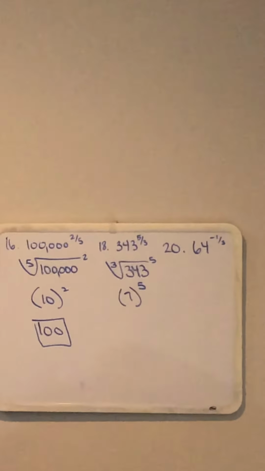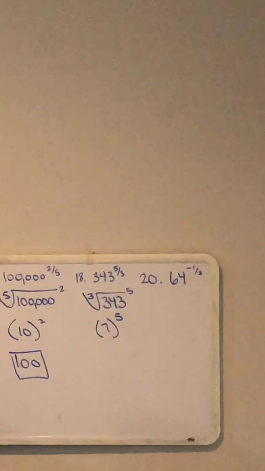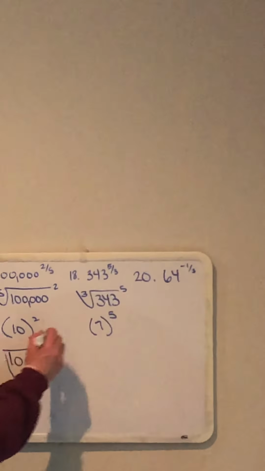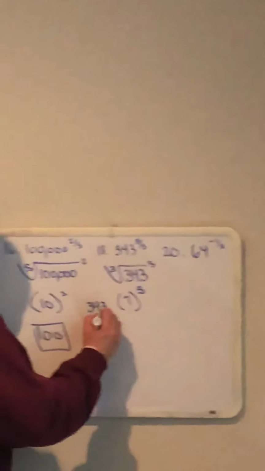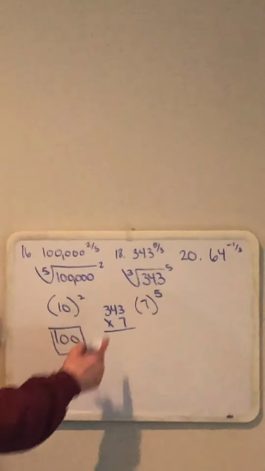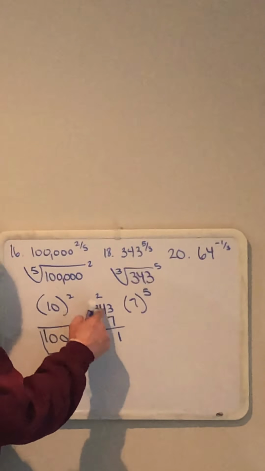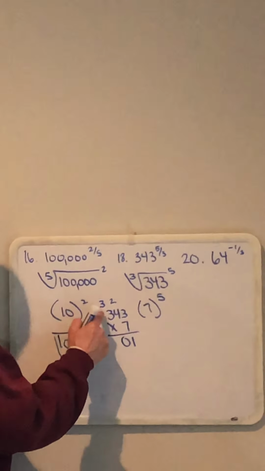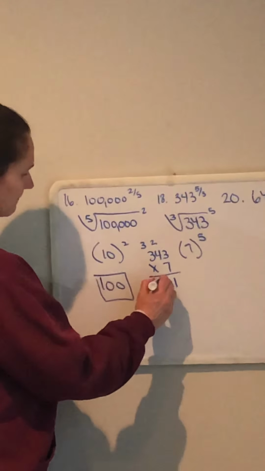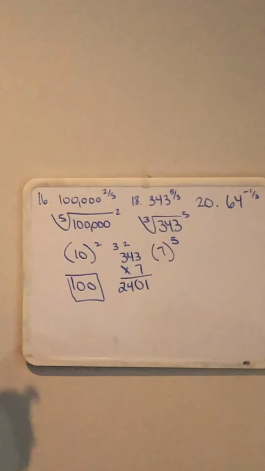Okay, now, I don't know 7 to the 5th, but I already know that 7 to the 3rd is 343. So I'll take 343 and times it by another 7. That gives me 21, carry the 2. 28 plus 2 is 30, carry the 3. 21 plus 3 is 24. So 2,401 would be 7 to the 4th.